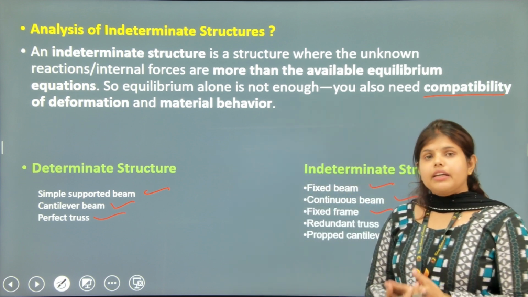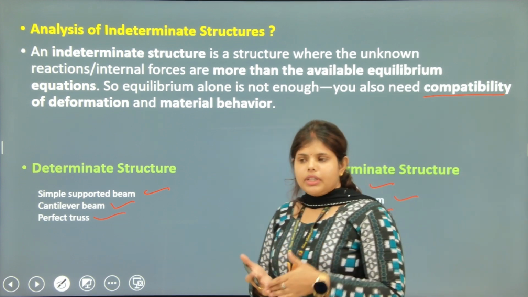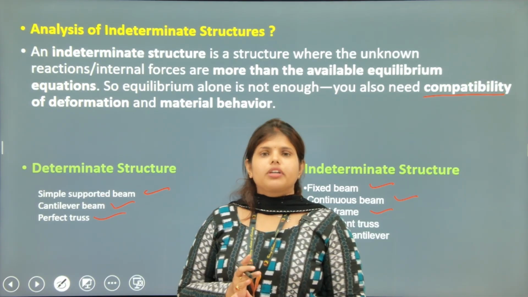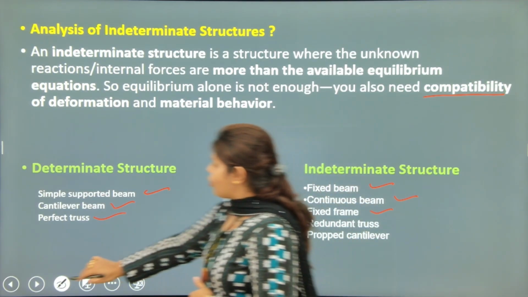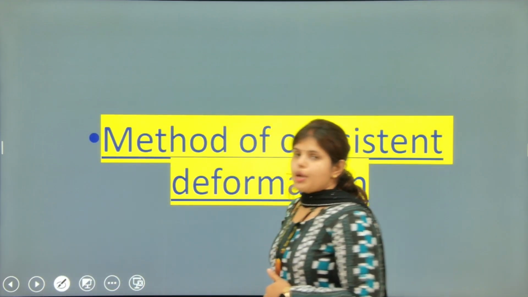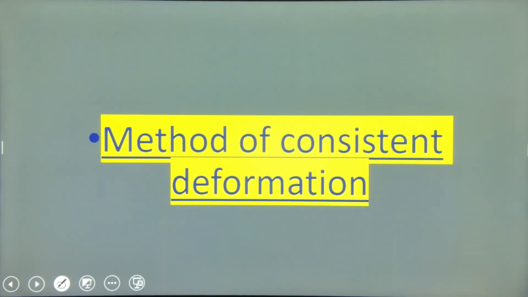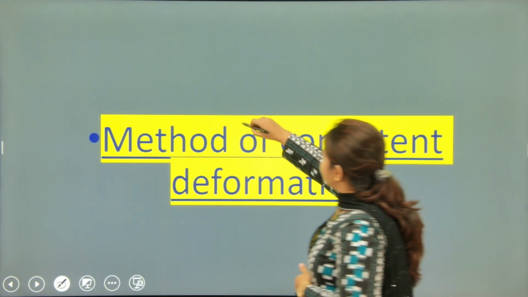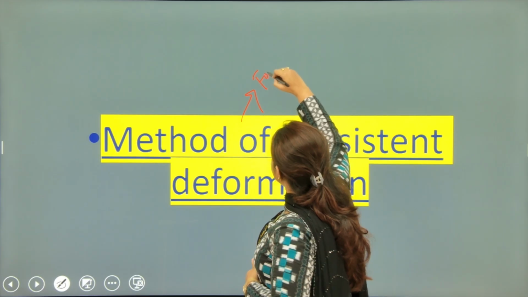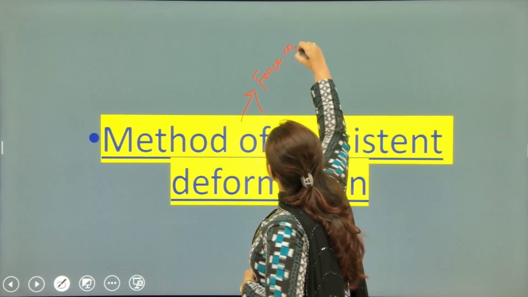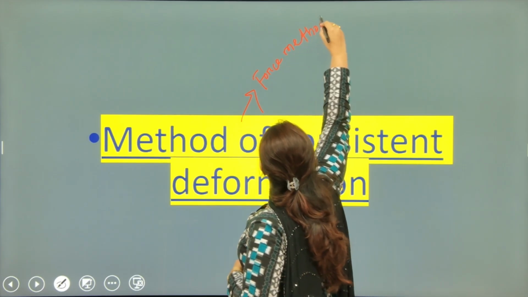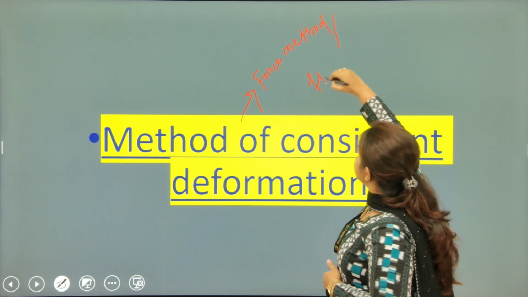Today in this class, we will solve some numericals using the force method, or flexibility method, that is the method of consistent deformation. This is also called the force method or flexibility method.